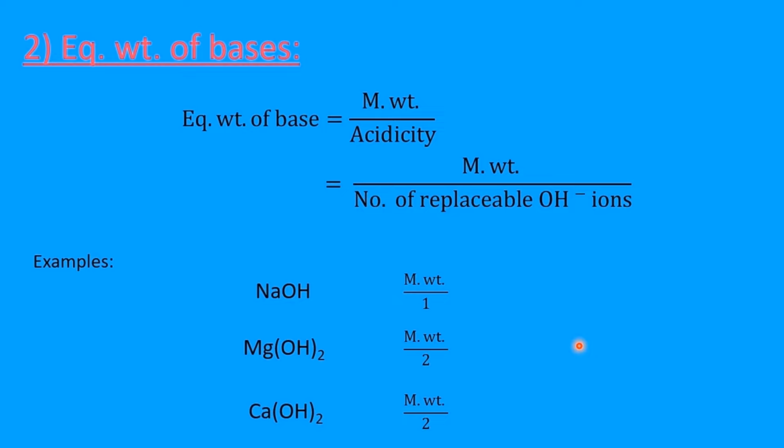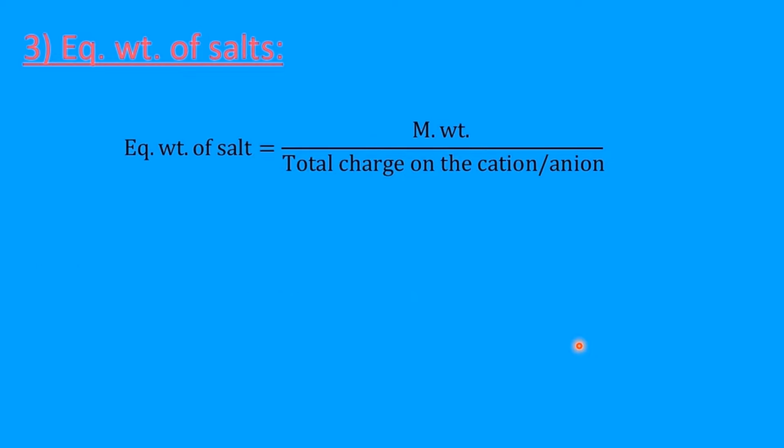The next one is the equivalent weight of salts. In the case of salts, it is the molecular weight by the total charge on the cation or anion. Generally, the charge on the cation is equal to the charge on the anion, so the total charge gets cancelled in the case of salts.